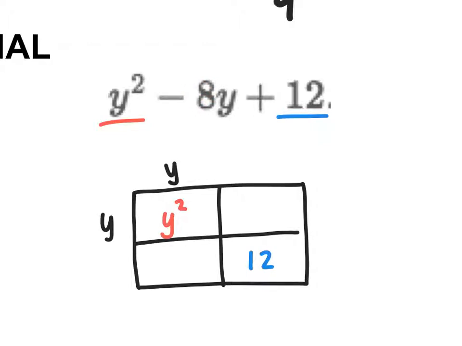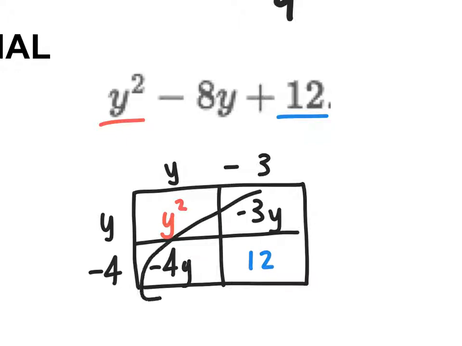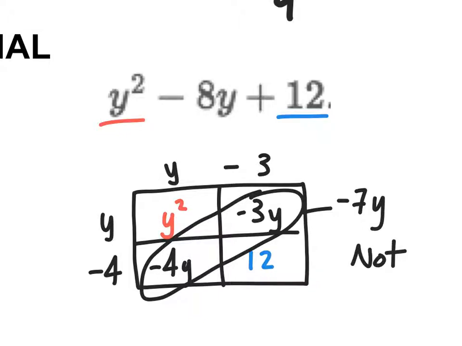So let's just try -3 and -4. If I do that, I'm going to get -4y and I'm going to get -3y. Now when I add these together, this gives me -7y, which is not -8y. So this is wrong.